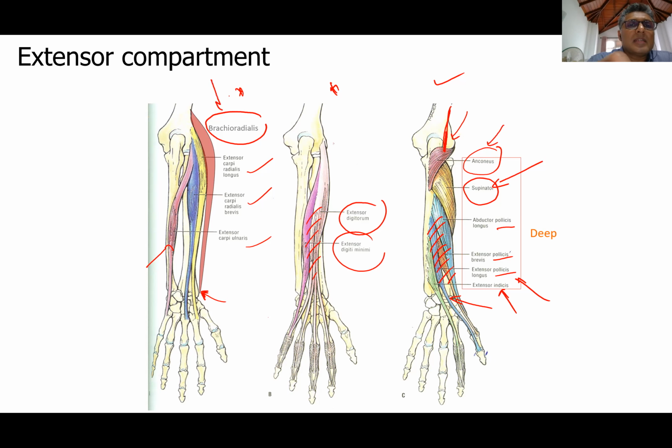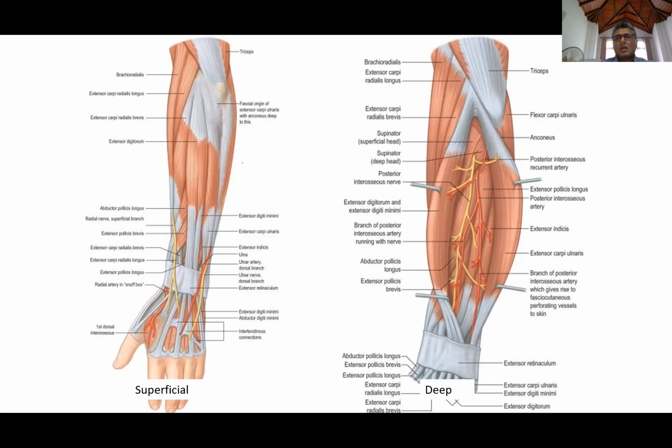And the brachioradialis, as I said before, and extensor carpi radialis longus are also supplied by the radial nerve before the deep and superficial branches are given. Just to show you how the posterior interosseous nerve emerges through the heads of the supinator muscle and supplies the muscles here.